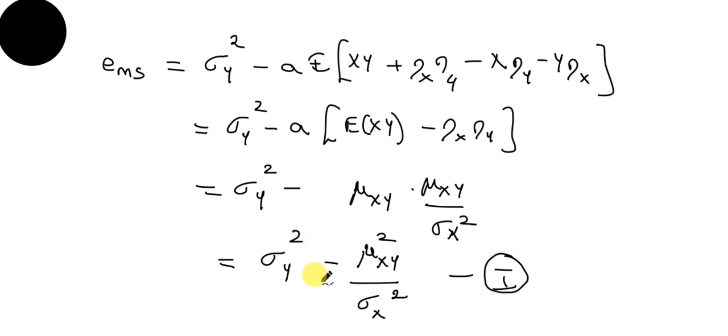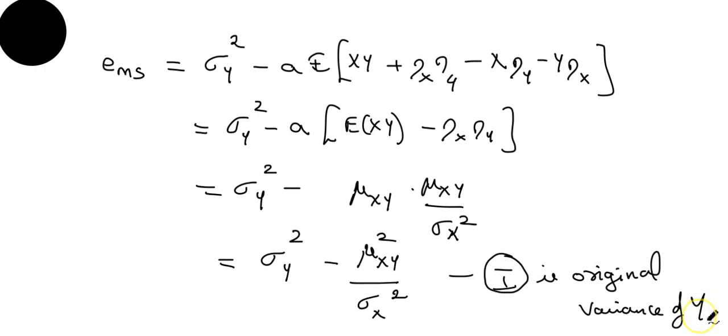Hence, the minimum mean square value seems to be the original variance of y. Okay, so this is the original variance of y. Next we will go on to see a simple illustration for better understanding.